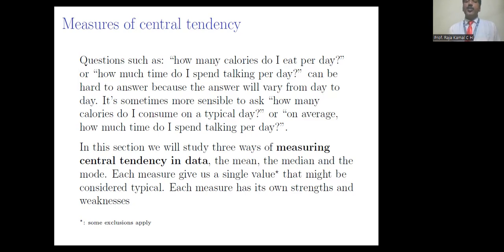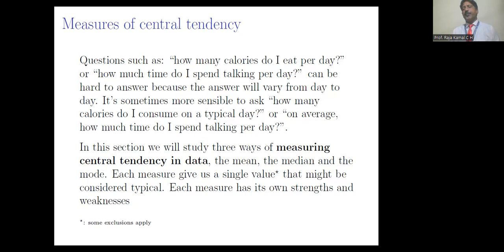Not only the calories, but also how much time I talk per day, how many calories I burn per day, all these things we have to find by using different measures of central tendency. We use mean, median, and mode.